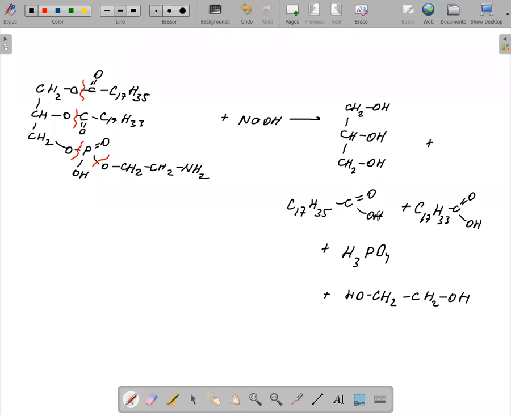Instead of carboxylic acids, we will get their sodium or potassium salts. That's why the hydrolysis in the presence of a base is called saponification, because sodium and potassium salts of fatty acids are called soaps. Instead of phosphoric acid, we will get phosphate.